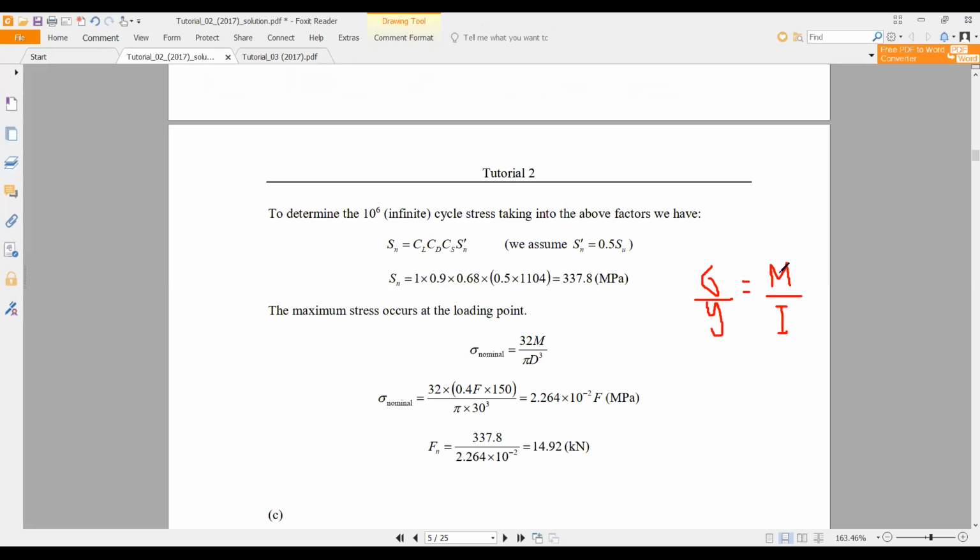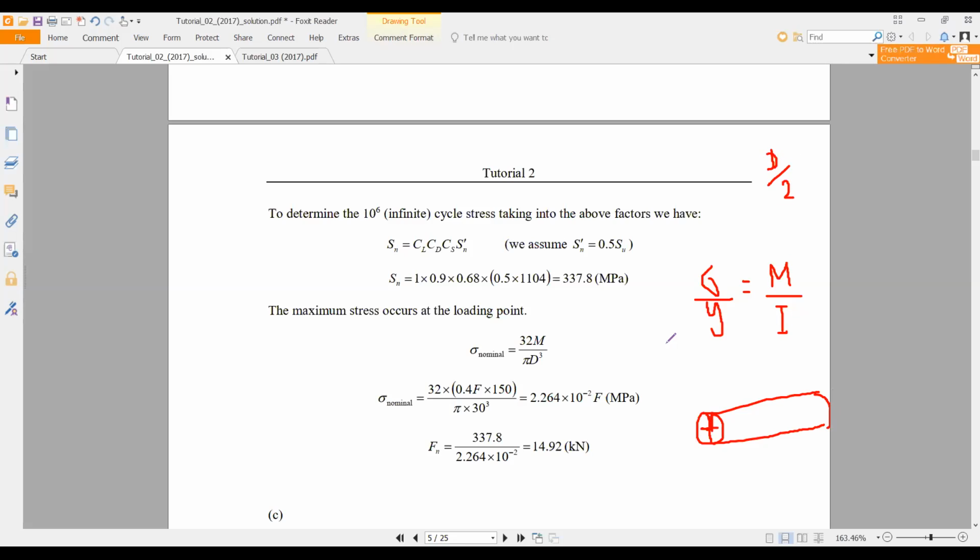So for bending moment, you should know y is normally d divided by 2 in here because it will be like this shape. In here, they provide this cross-sectional diameter. So normally for bending moment, you will get this distance. This is y. Okay. So this is d divided by 2.